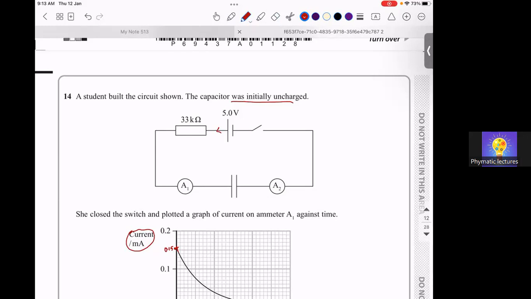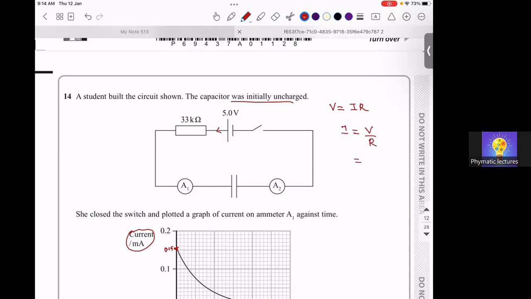So maximum current will be there during the initial stage. According to Ohm's law, the potential across the resistor is V is equal to I into R, the product of current and resistance. So the initial current could be calculated by I is equal to V over R. Am I right?